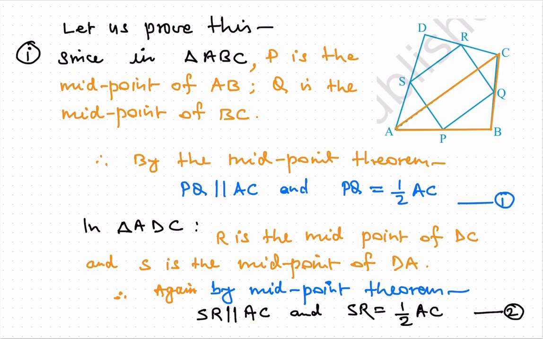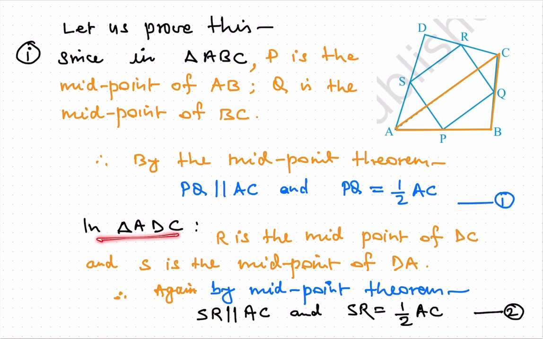Therefore, by the midpoint theorem, PQ will be parallel to AC, and this will also be equal to half of AC. This comes from the virtue of the midpoint theorem. So this becomes equation 1.